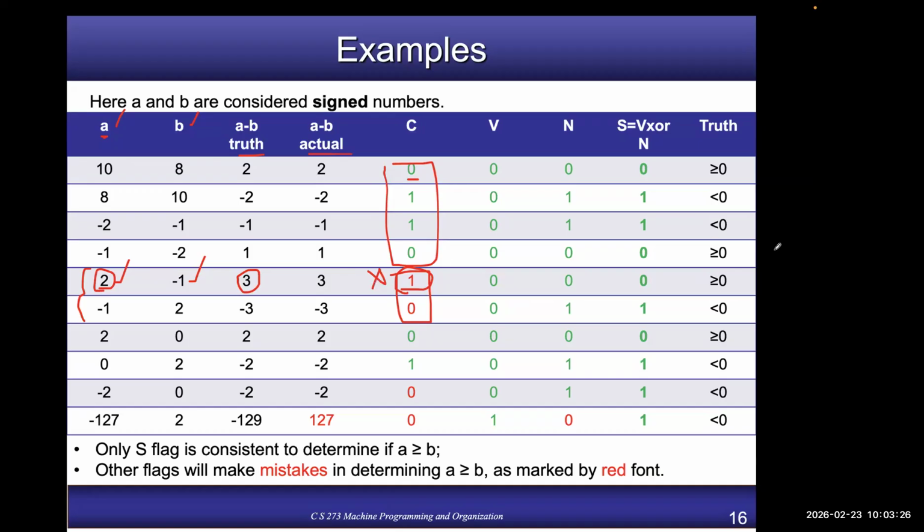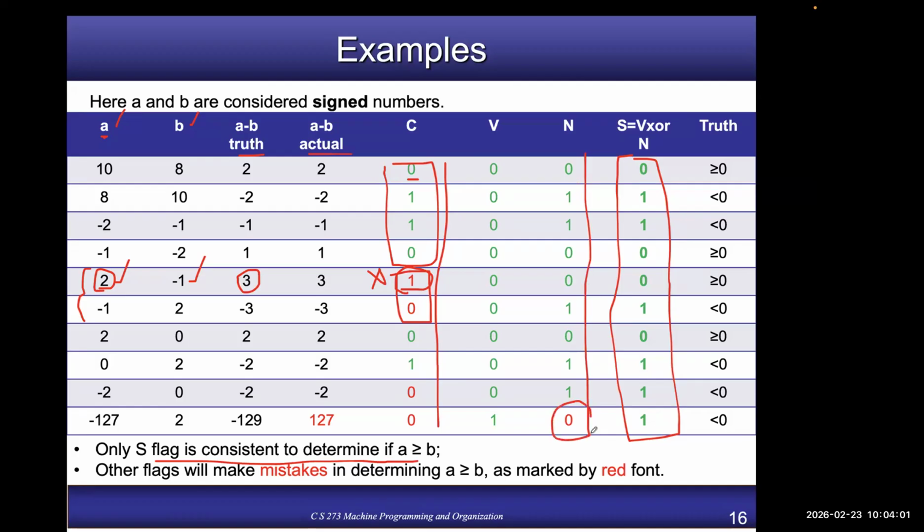That's why it is always better to only look at your sign flag to get the information about whether A is greater than B, or A is the same as B, or A is less than B. So here only the S flag is consistent to determine if A is greater than or equal to B. C is not consistent. Sometimes it is correct, sometimes it is incorrect. N is also not consistent. It is sometimes correct and sometimes incorrect, for example in the last case, right?